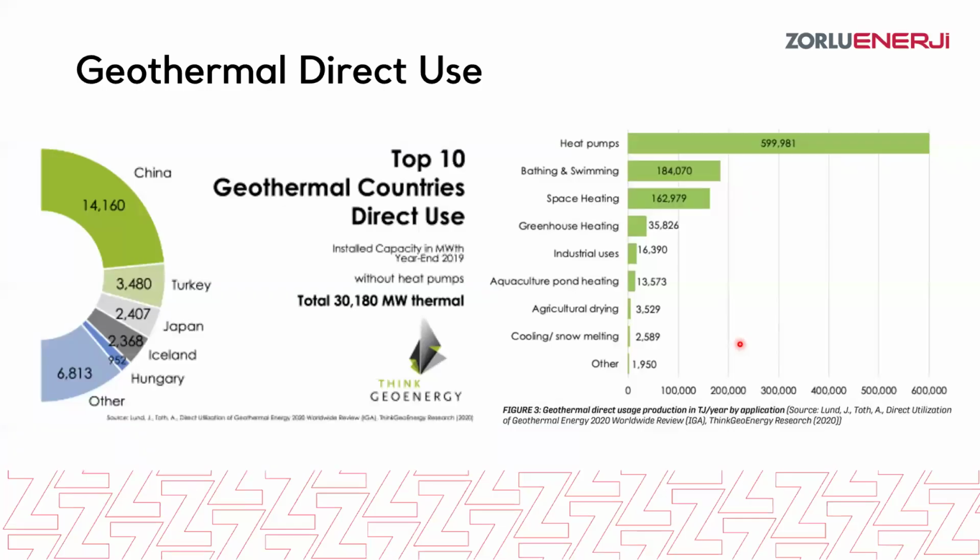And here, we will be seeing two different sets of data, okay? On the left side, you are seeing the countries. As I said, we saw the electricity generation part, and we are now looking at the direct use applications. Again, China, Turkey, Japan, Iceland, Hungary, and other countries hold a great amount of energy.